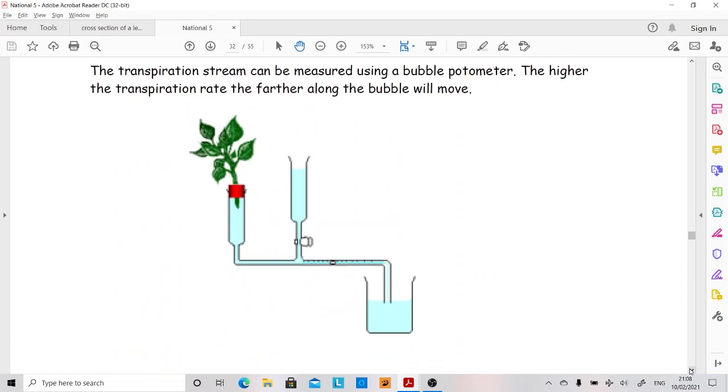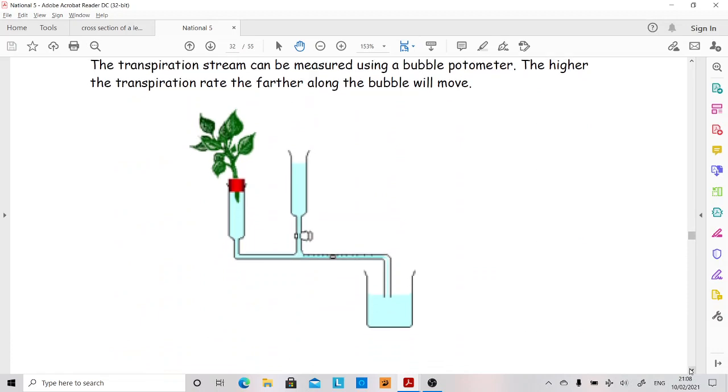The last bit of this section is introducing the bubble potometer, which is a lab experiment that you can do to investigate transpiration from a leafy plant. And there are different types of potometer, but the general principles are the same.